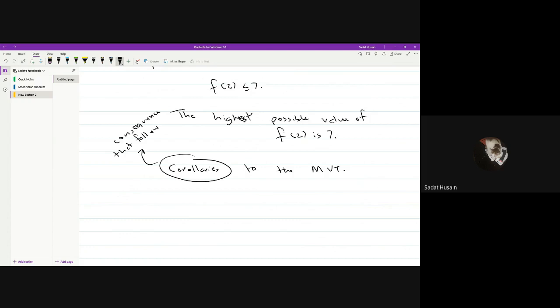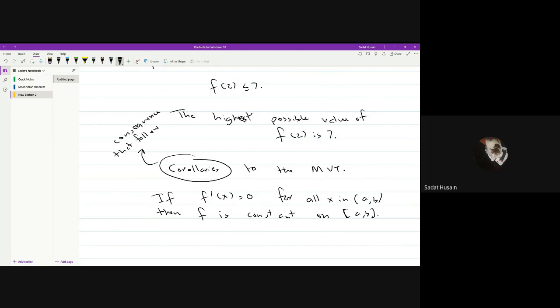So the first corollary is: if f prime of x equals 0 for all x in the open interval (a, b), then f is constant on the closed interval [a, b].